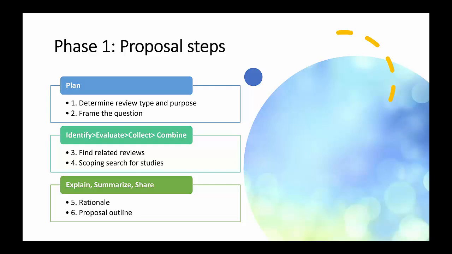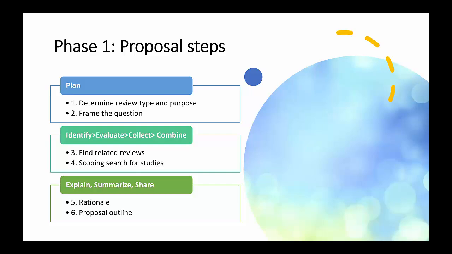And then during the identify through combined stages, this is where you're doing some of those preliminary searching. It's really important to look for related reviews. And if there's a lot of those, they really need to consider those. So I'm going to give you tips of what I do and working with clients around those.